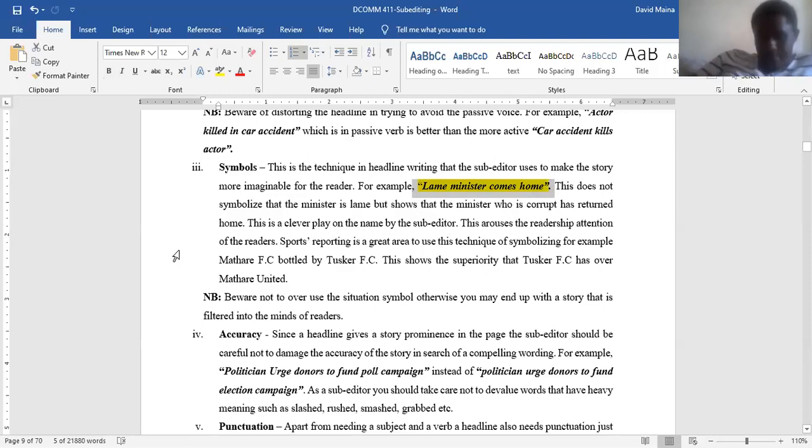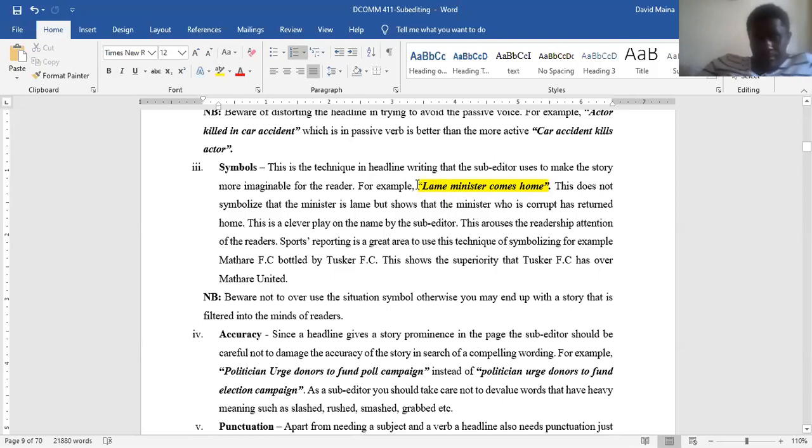Because when you are lame, you cannot do anything. So they might be talking about a minister that does not do anything. He's a minister, but he doesn't do anything. He's dormant. So this one is symbolism. We are actually giving him a symbol of being lame.